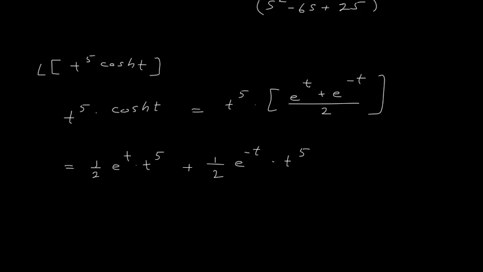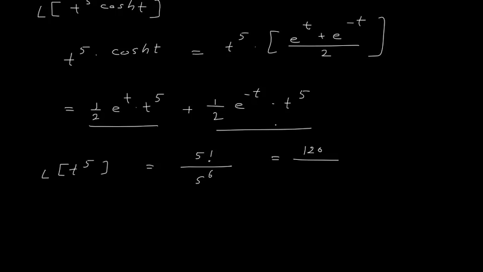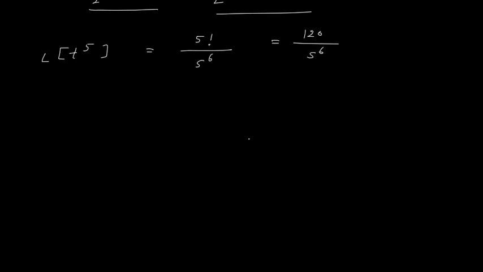Okay, now here we can easily find out Laplace of this part and Laplace of this part. Okay, so let us see Laplace of first t power 5. Laplace of t power 5 is 5 factorial upon s power 6. 5 factorial means 120. Okay, 120 upon s power 6. Now Laplace transform of e power t into t power 5.